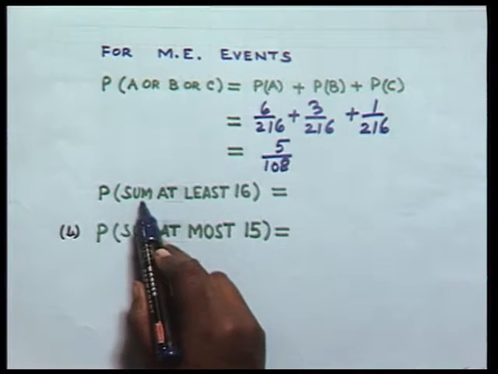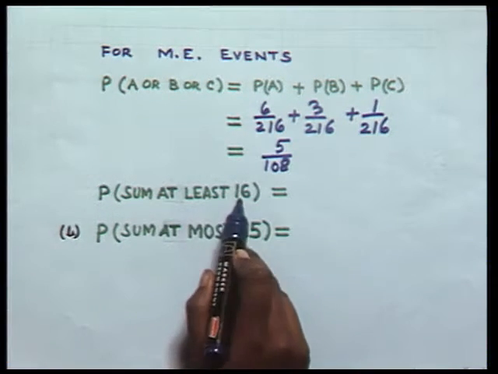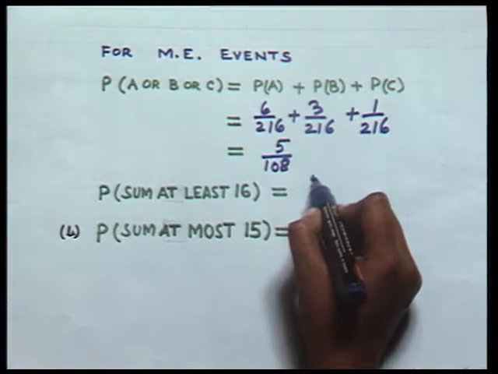Therefore, probability of the sum at least 16, we got it as 5 upon 108.